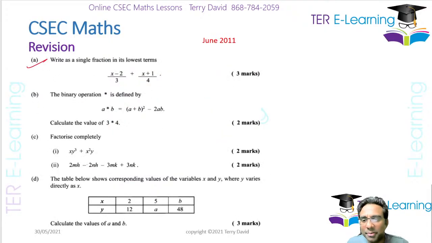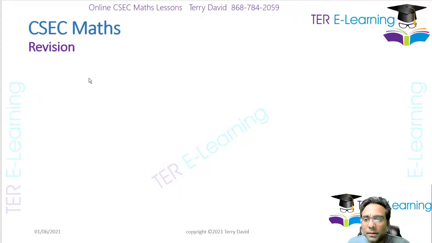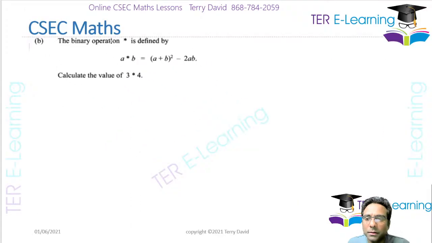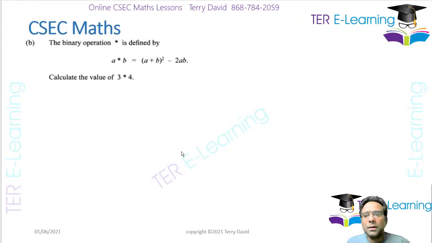The next one, part B, is a binary operation, right? Part B is a binary operation. So let's see. Right, so they give us the binary operation. It is A star B is equal to A plus B squared minus 2AB, right?